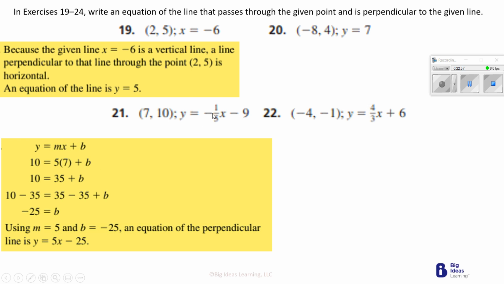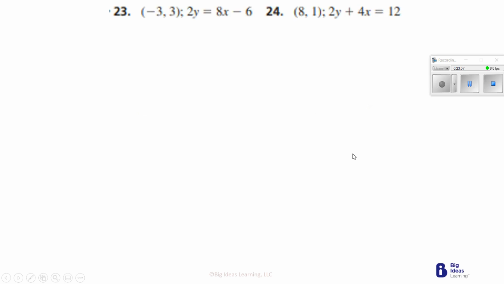And I know that my slope is going to be 5, the negative reciprocal of negative 1 over 5. Now 5 times 7 is 35. Now I've got to subtract 35 from both sides to get b by itself. And 10 minus 35 is negative 25. So using the slope of 5 and the y-intercept of negative 25, we can write this as y equals 5x minus 25. All right, 20 and 22 are yours to do.